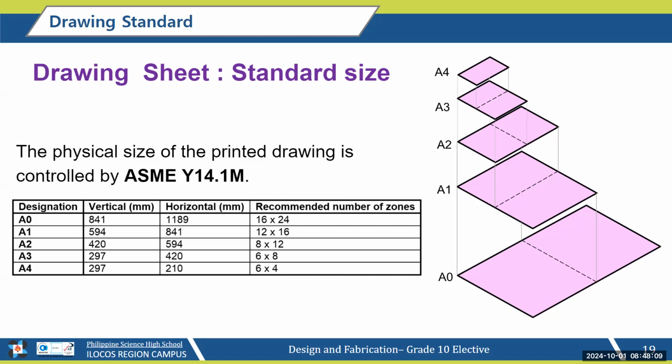It is used for very detailed and complex designs, and A4 is the smallest, commonly used for simple drawings. These sizes ensure consistency, so everyone working with the drawing knows exactly what to expect.